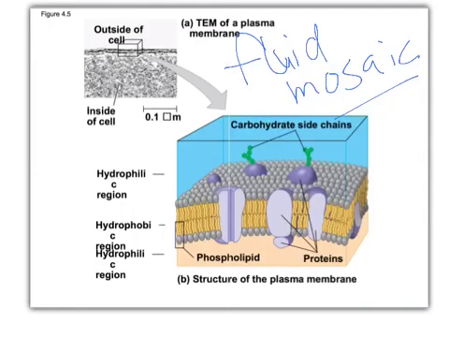Okay, the current model of the structure of a plasma membrane, the fact that the proteins are wedged in, is what we call a fluid mosaic model. Why is it a mosaic? What is a mosaic? Lots of pieces. What different parts do we have in the plasma membrane?